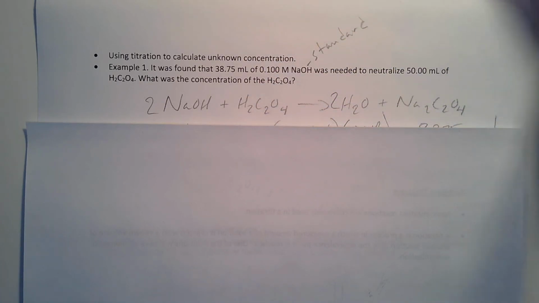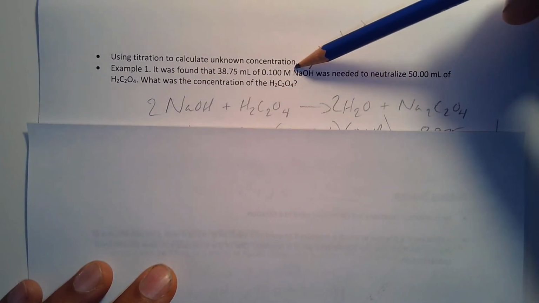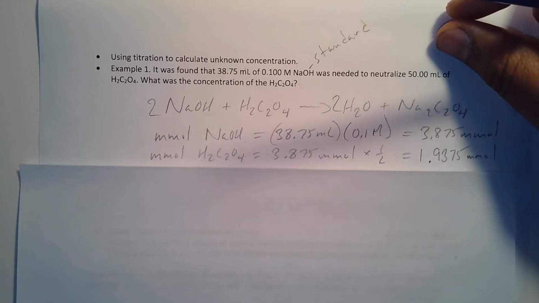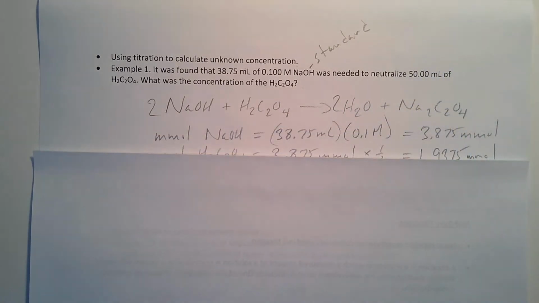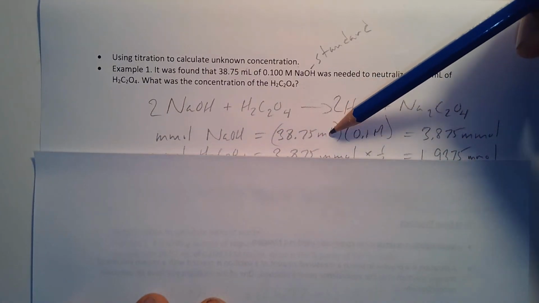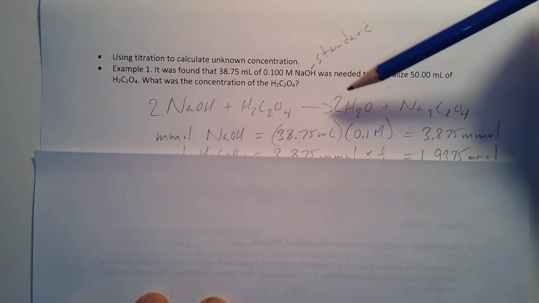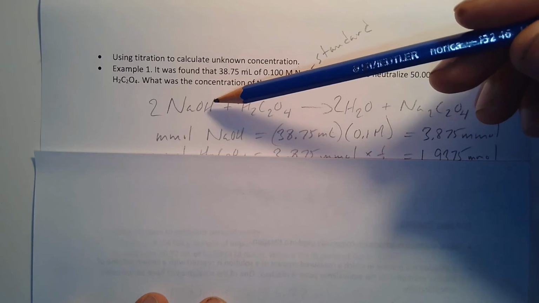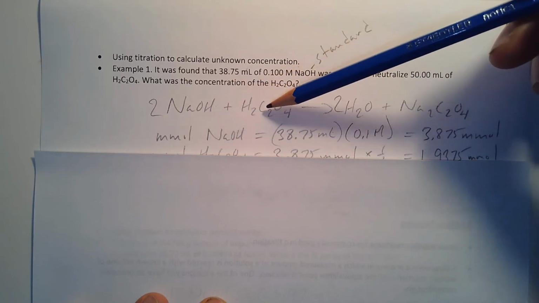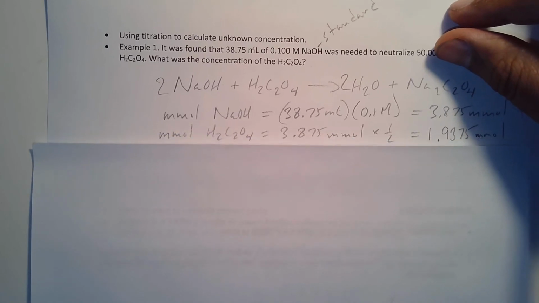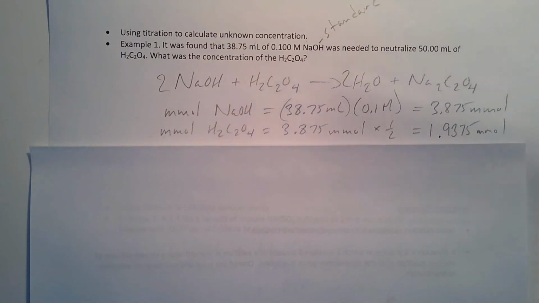Here's the concentration, here's the volume, so we can get the moles, and we'll use millimoles here. So milliliters, and then there's your concentration, and there's your millimoles, and that's the NaOH. And then from the NaOH, we want to go to the H2C2O4, and because that's a 1:2 ratio, we multiply that by a half.